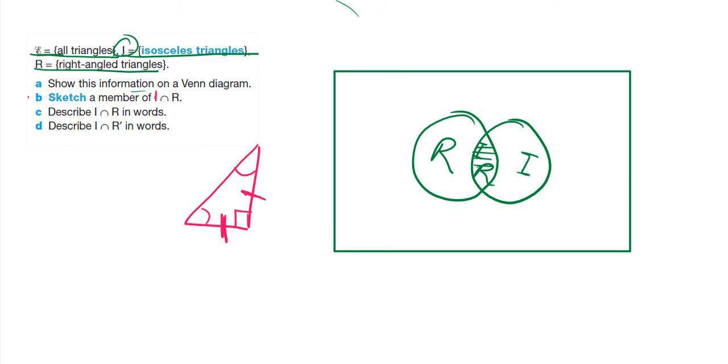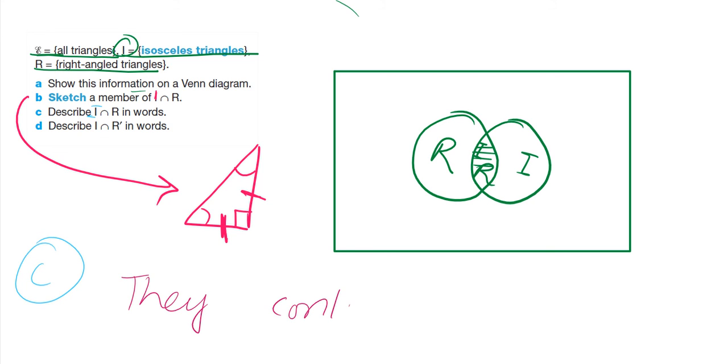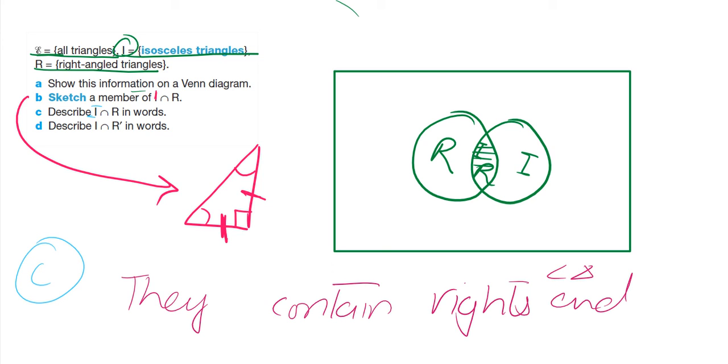This will be the sketch of I intersection R. Okay, describe I intersection R. So what is the description of this? They contain right angle triangles and isosceles triangles both.